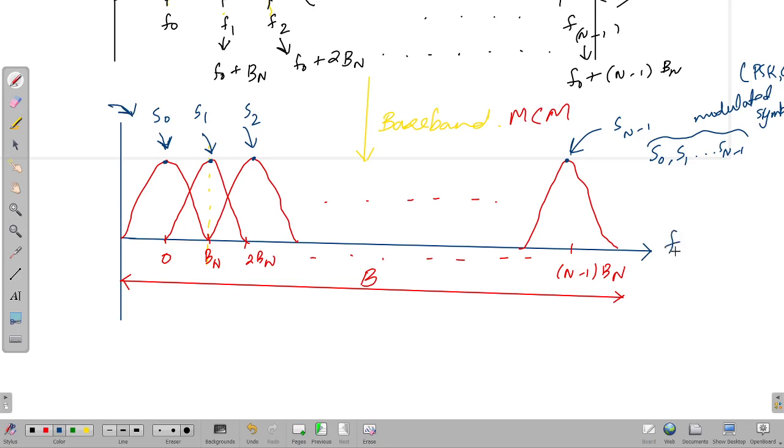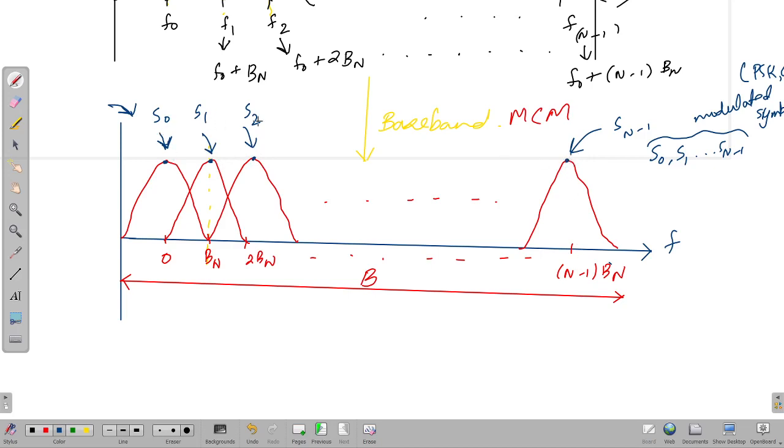Basically, this is the frequency axis. So S0, S1, S2 up to Sn minus 1, they are of course frequency points. They are the values of this signal at f equal to 0, f equal to Bn, f equal to 2Bn, up to frequency equal to n minus 1 into Bn.